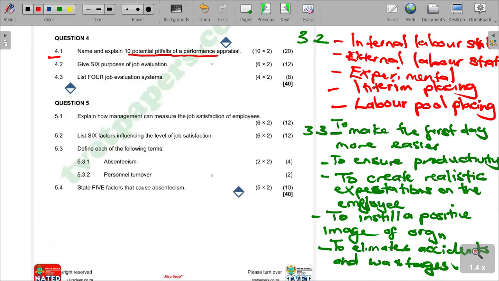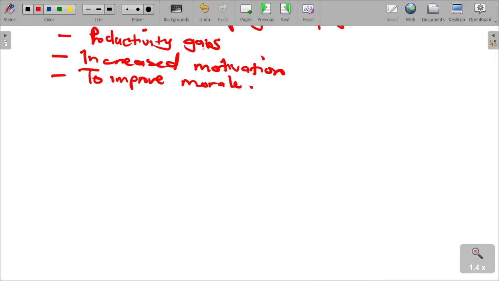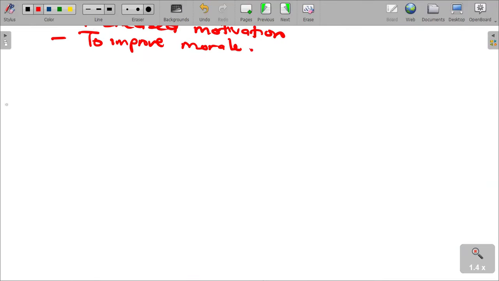So we are saying a performance appraisal is an evaluation method that is used to assess the employee's performance. So we're going to name and explain 10 potential pitfalls of performance appraisal.